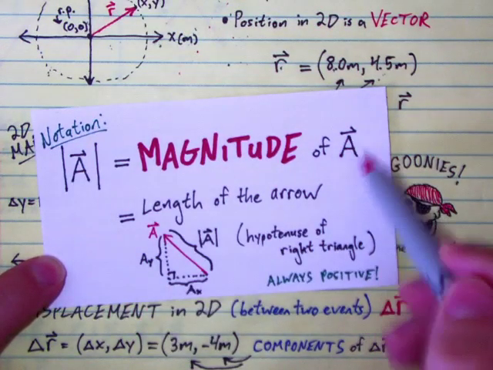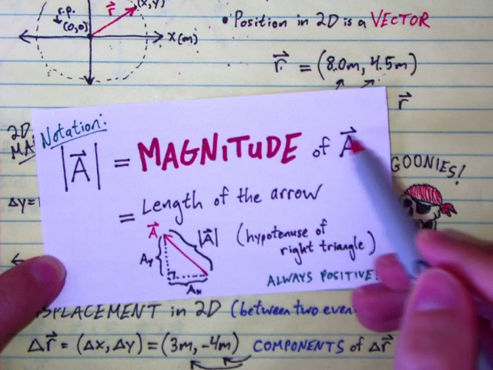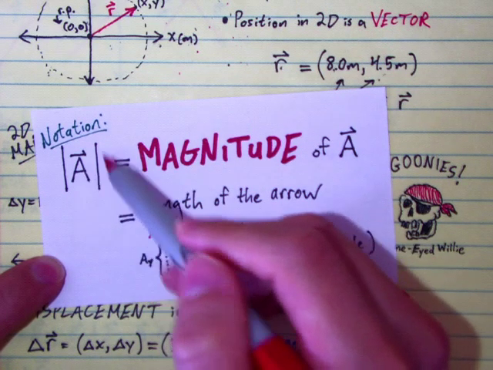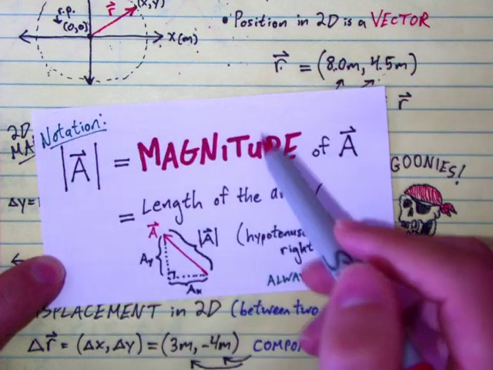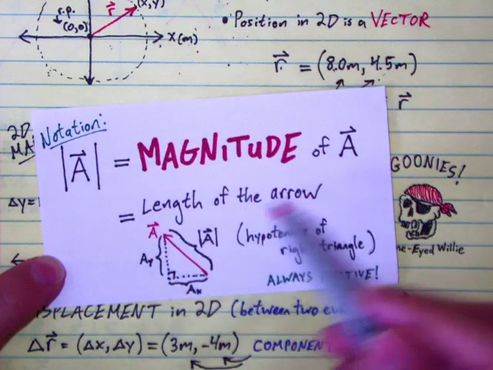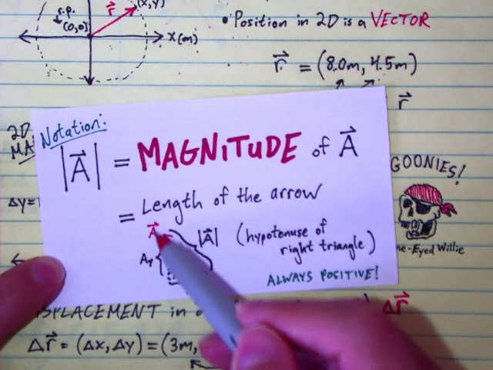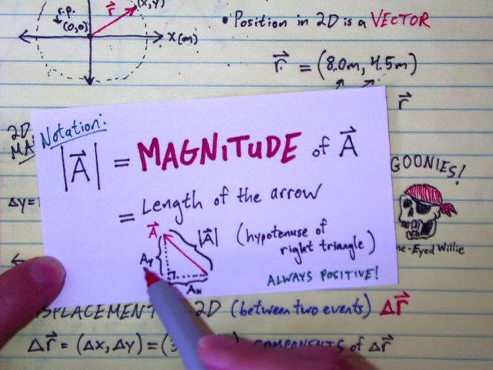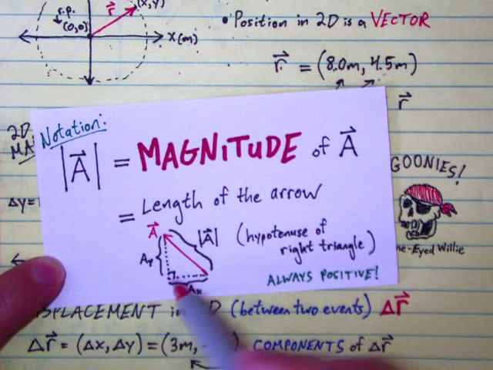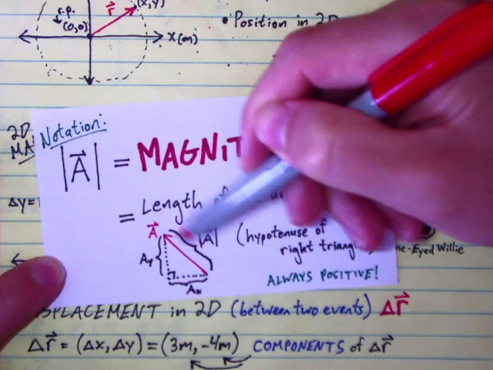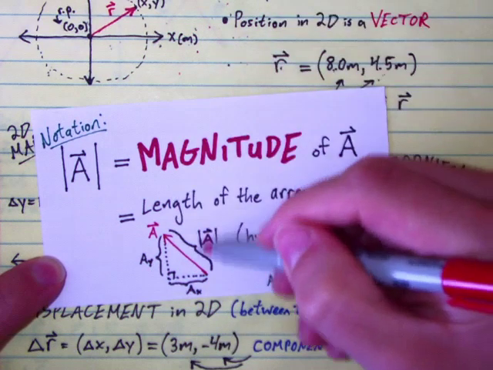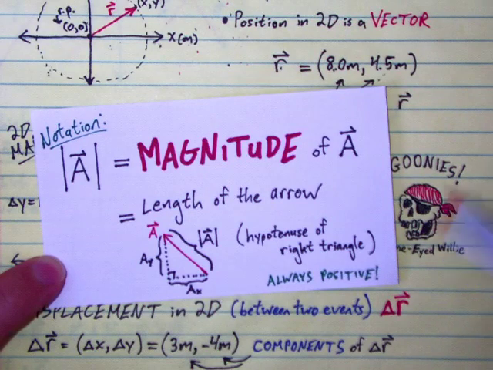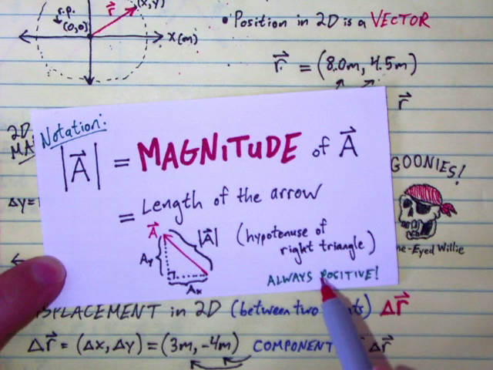If A represents our vector, the little vector symbol over it, then if I put absolute value signs around the A, then that means the magnitude of A, or the length of the arrow. So here's our A vector, here's our x component of it, here's our y component of it, like the legs of the triangle, and the length of the hypotenuse here, the length of the arrow, absolute value of A, that's what we call the magnitude of A. And it's always going to be a positive number.